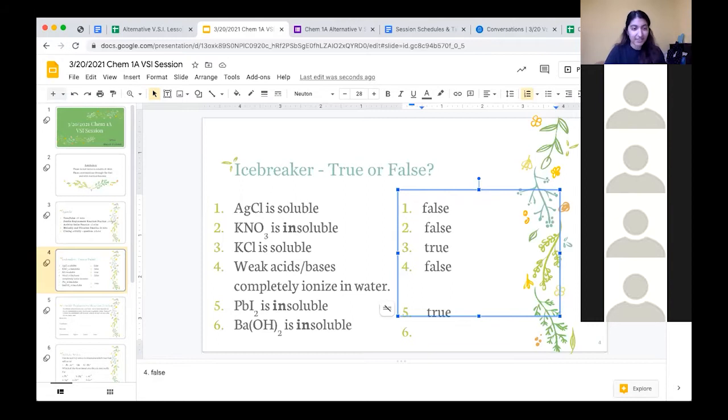So this one is actually false. I'll first write it in. On our solubility rules, hydroxides are usually insoluble, but if they're next to Ba+2, which this one is, it becomes soluble. So that's why BaOH2 would be soluble in water.